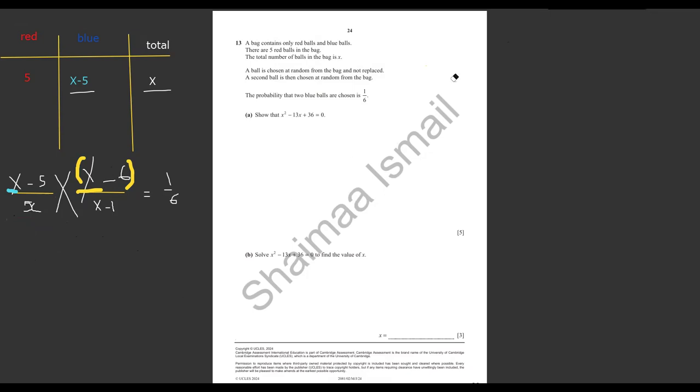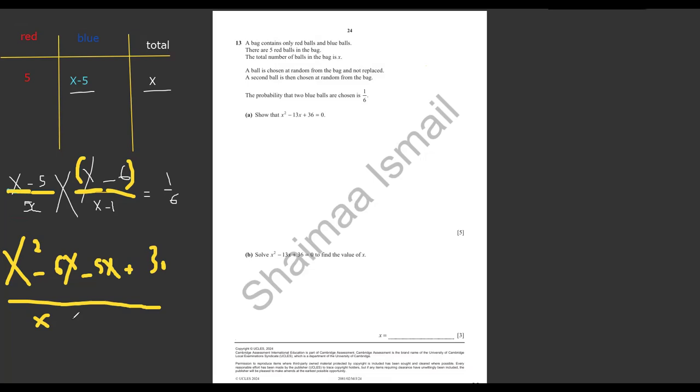So we multiply X by X, which gives us X squared, and X multiplied by negative 6 gives minus 6X, minus 5X, and here plus 30, which is negative 5 multiplied by negative 6, dividing by X multiplied by X minus 1.